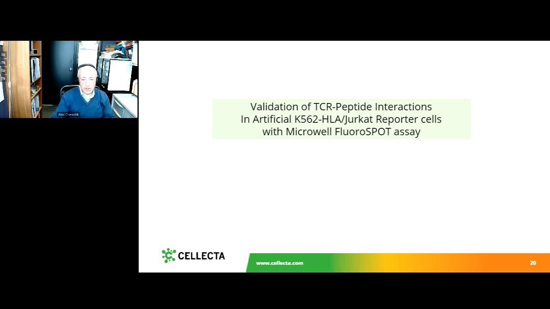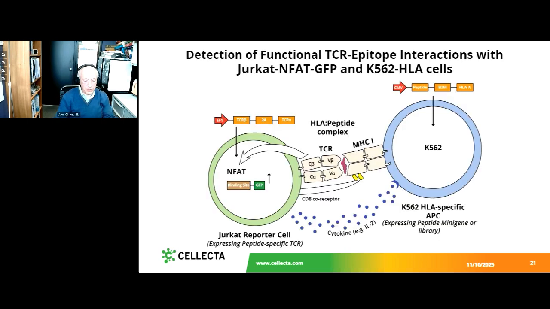This system was developed more than 20 years ago by many researchers, including Rosenberg from NIH. What we are doing here is taking Jurkat cells, as shown on the left side, and converting them into a reporter cell line, where we clone NFAT reporters under control of a transcriptional activation promoter, which expresses GFP if the T cell receptor is activated.